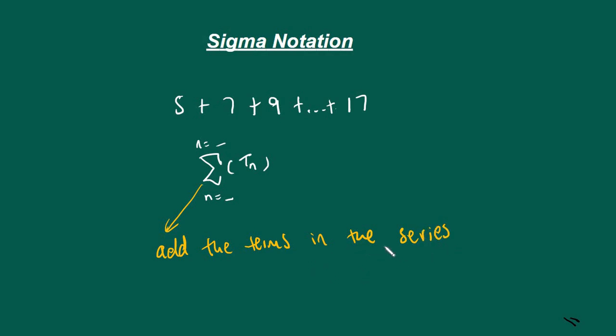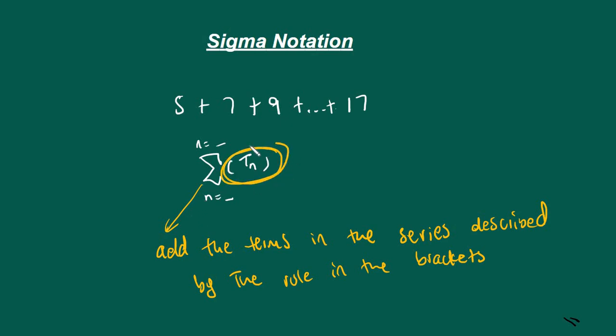It's saying add the terms in the series described by the rule in the brackets. Add the terms that are found by using that nth term there.